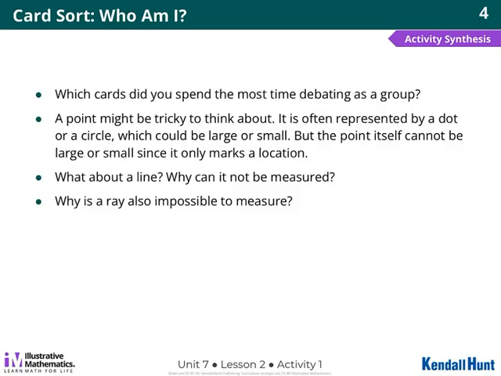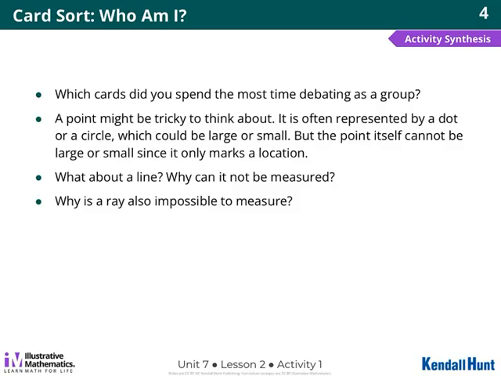A point might be tricky to think about. It is often represented by a dot or a circle, which could be large or small. But the point itself cannot be large or small since it only marks a location. Something to think about.